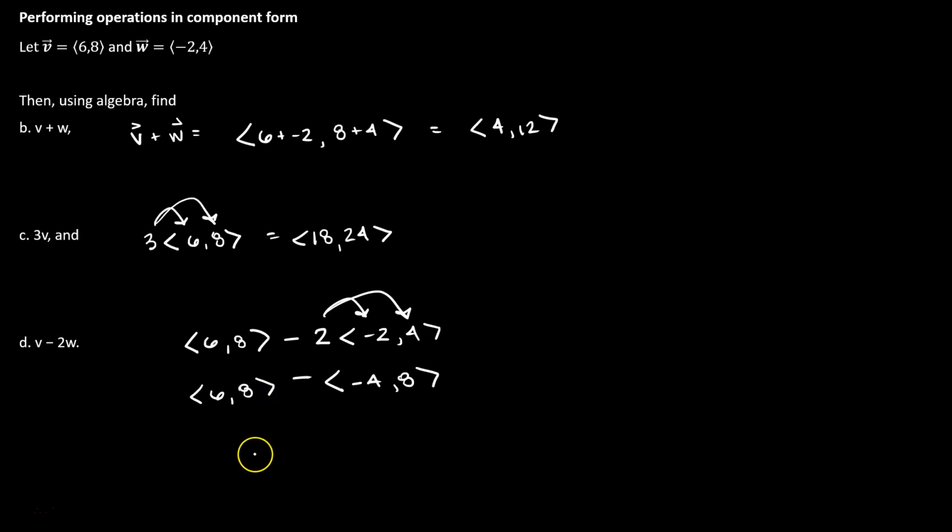And now we're going to subtract the components. So we have 6 minus negative 4 for the x components, 8 minus 8 for the y components, or 10, 0 for our final answer.